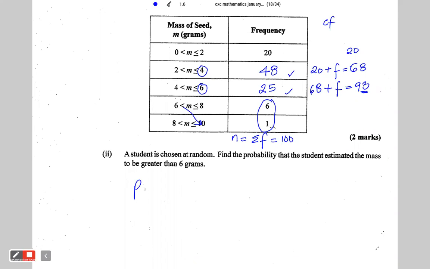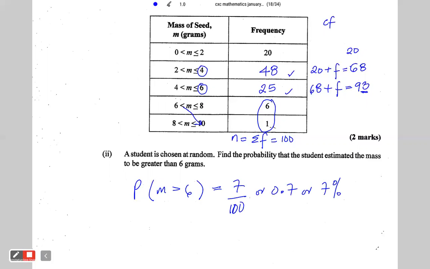So the probability that the mass is greater than 6 is equal to 7 students out of 100. Or we could say 0.07, or we could say 7%.